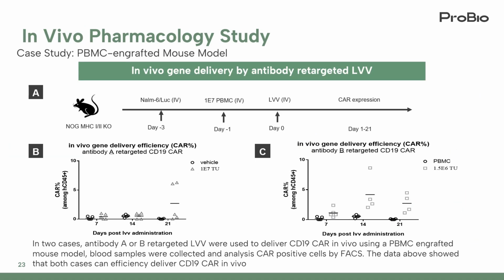Similar to in vitro assays, the evaluation of in vivo delivery by animal disease models is different from the simple tumor growth inhibition. Here, I'm sharing a case study of in vivo gene deliveries by antibody retargeted lentivirus using a human PBMC engrafted mouse model.